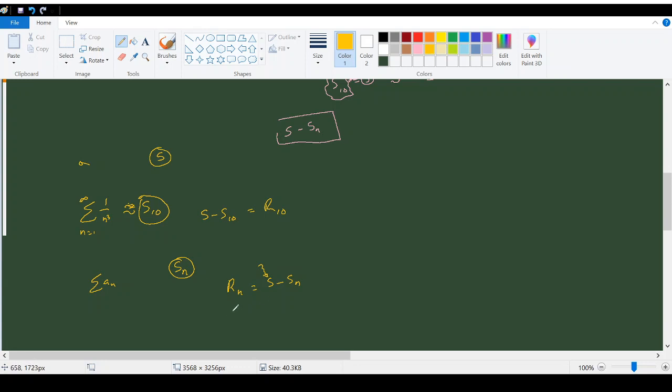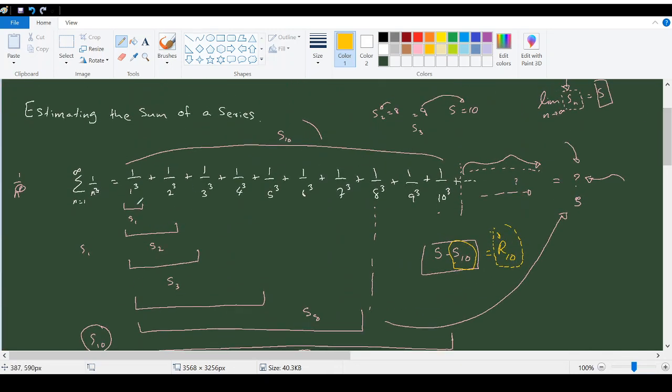But the thing is, we cannot find the exact answer for this error. The addition of the first 10 terms is a finite situation. We just have to take a calculator and enter all these numbers and we can get the addition.